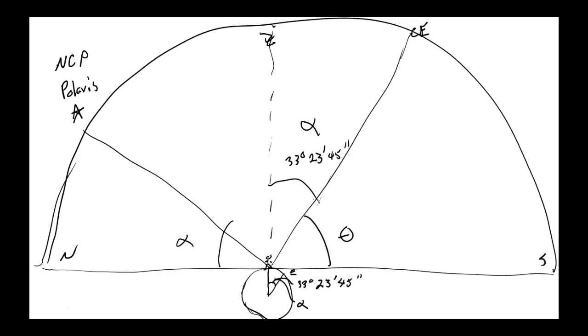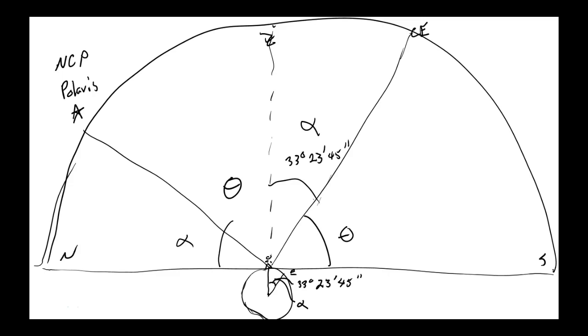Well, there's alpha part of that. What would this be? That would have to be theta, because alpha and theta are complementary. So this would have to be theta, and therefore, between your zenith and the North Pole, north on the horizon, would then have to be another 90 degrees.